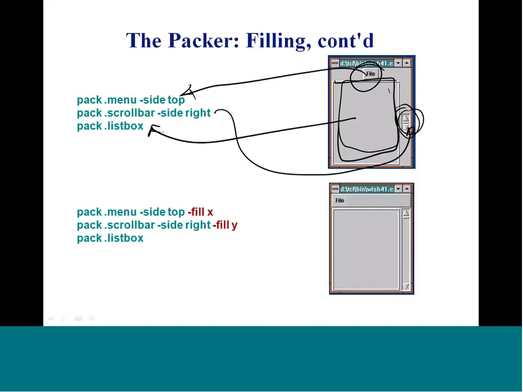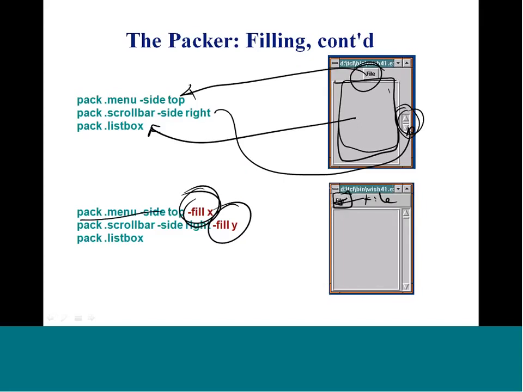So oftentimes what we want is, this actually looks very ugly and it's not really pleasing. So in order to make those kind of changes, we use fill X and fill Y. So here we say menu side top fill X. Originally file was here, but since we say fill X, it actually moves to the front of the line.